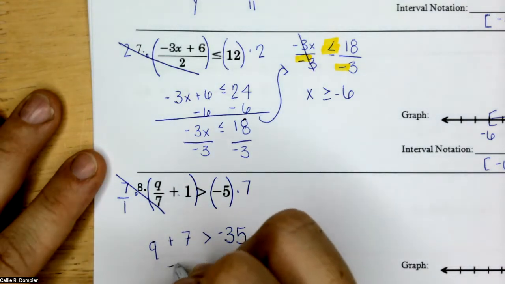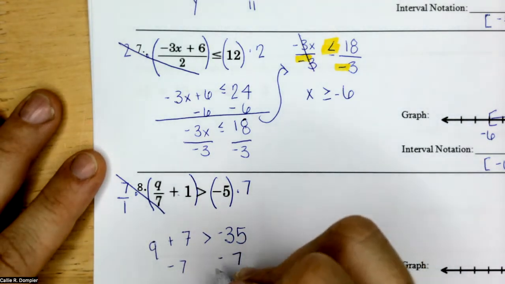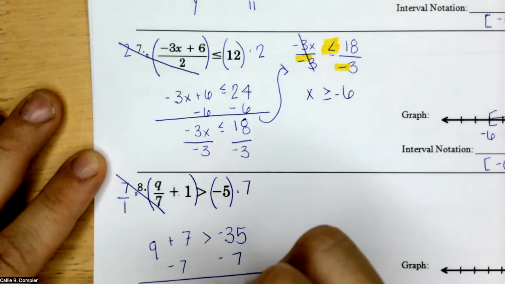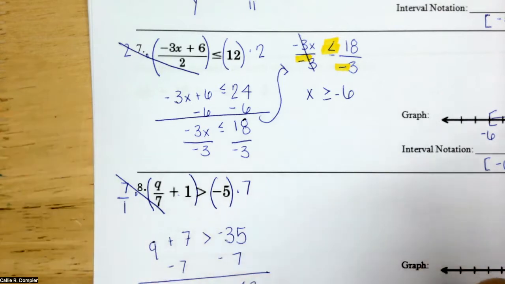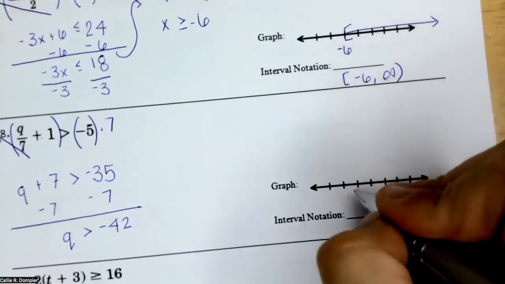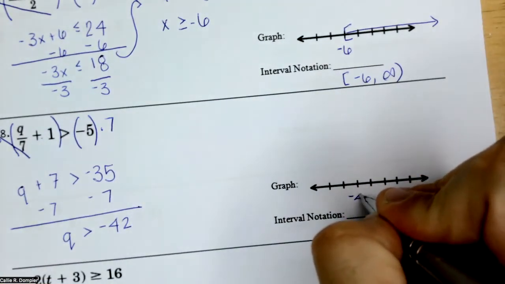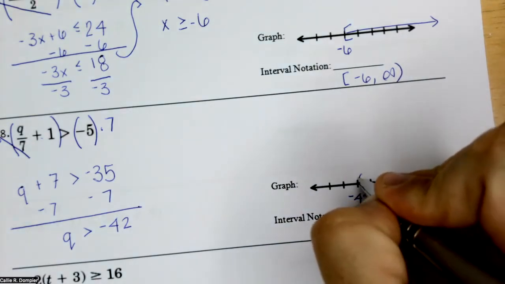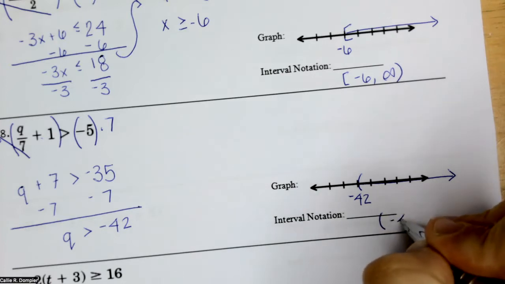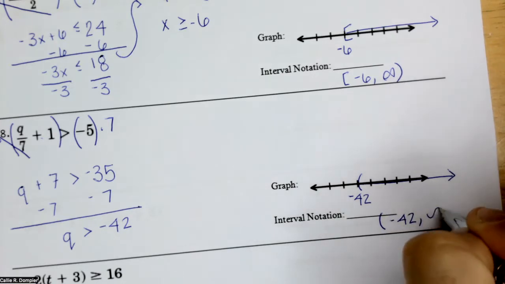Good. Subtract 7, subtract 7. I get q is greater than -42. It's greater than, so we'll have parentheses -42 to infinity.